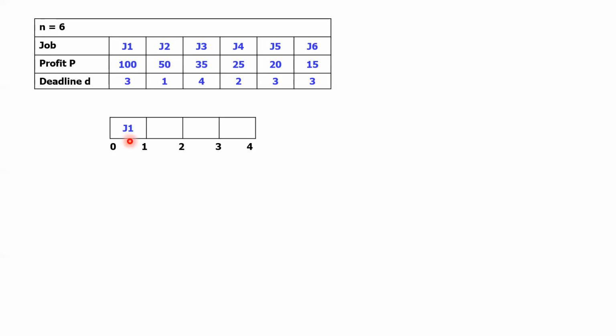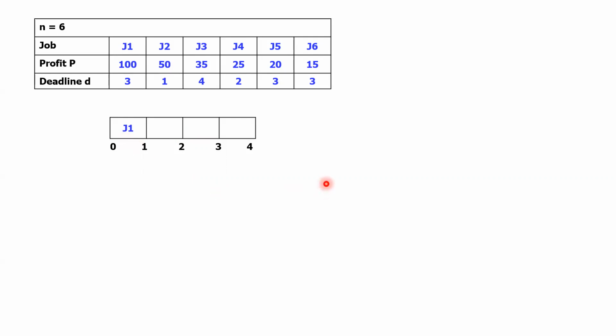For now, I am going to place it into the first time unit, but I can also place it into the second or third time unit because the deadline for J1 is 3. So I can put J1 here, here, or here. But for the purpose of computing, I have to write an algorithm, so I'll always put J1 into the first free time slot. Then I'll try to move it here and there as per the requirement.